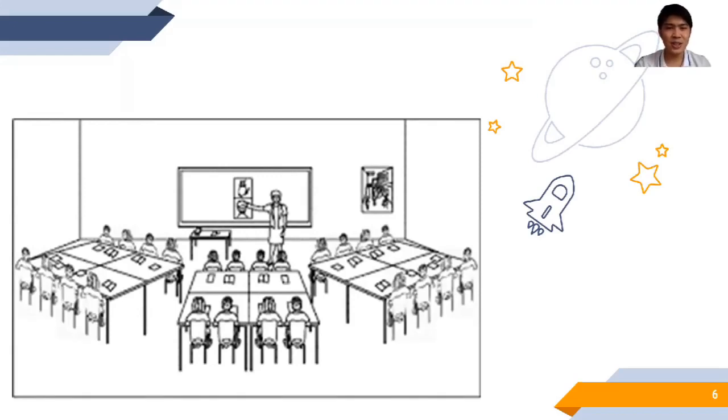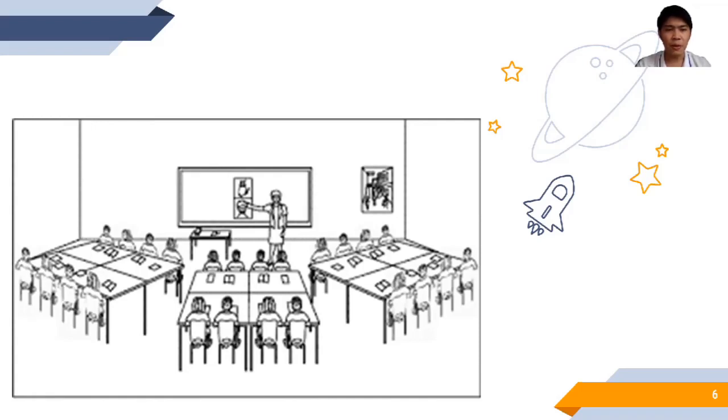So the state has consistently addressed the provision of access to quality basic education for all Filipinos since the establishment of the public school system more than a century ago. So this is consistent with its vision of fostering inclusive and participatory development, with education playing a key role in nation building.